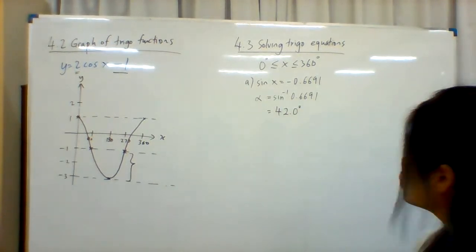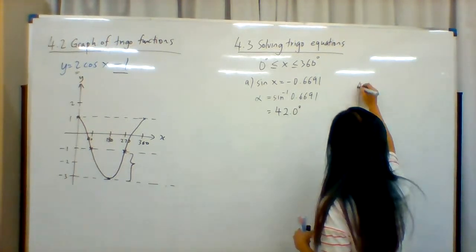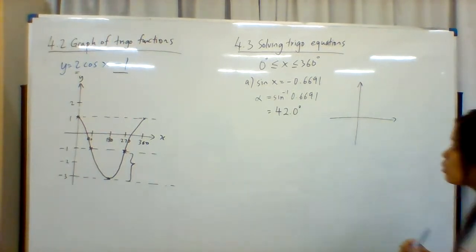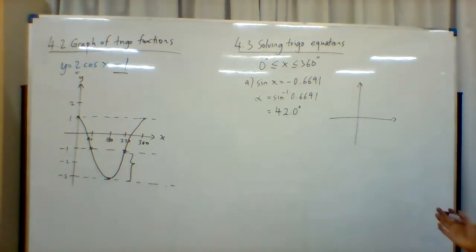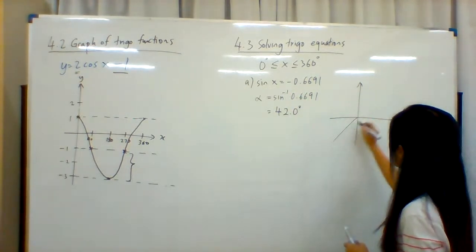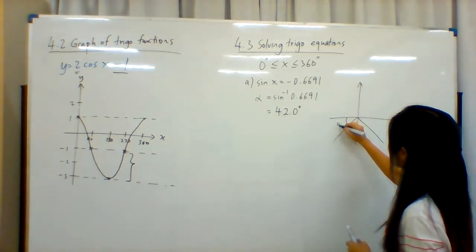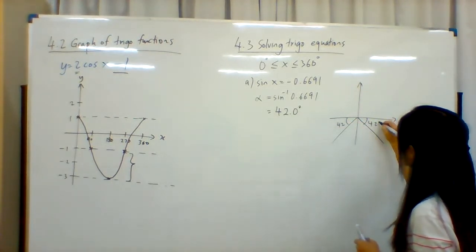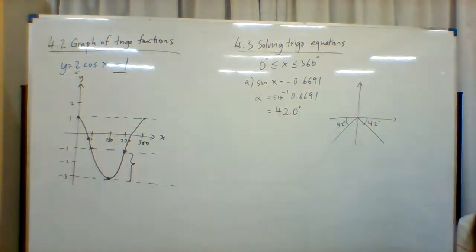Now we have to draw which quadrant it is in. For sine negative, it's third and fourth, correct? So your basic angle will be here and here. Then you have to find the two values of your x.